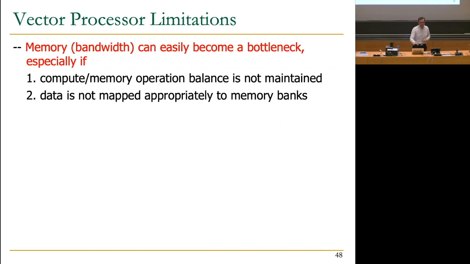Another limitation or downside is, as we will see, memory bandwidth can easily become a bottleneck, especially if you don't have balance between compute operations and memory operations, and especially if data is not mapped appropriately to memory banks. We're going to talk a lot about this starting today, and we're going to see memory structure a lot more. But one of the major places where memory became a bottleneck first was really vector processors, because these are pushing the limits, right?